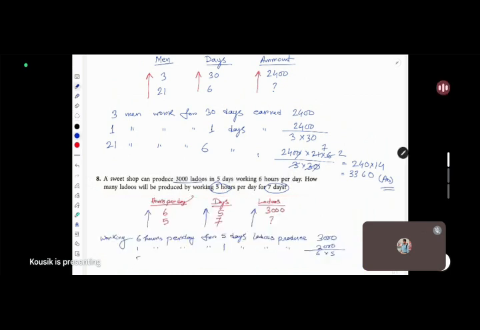And 5 hours per day for 7 days, laddus produced হবে কত? 3000 into 5 into 7 by 6 into 5. এটা অ্যান্সার। ঠিক আছে তো?